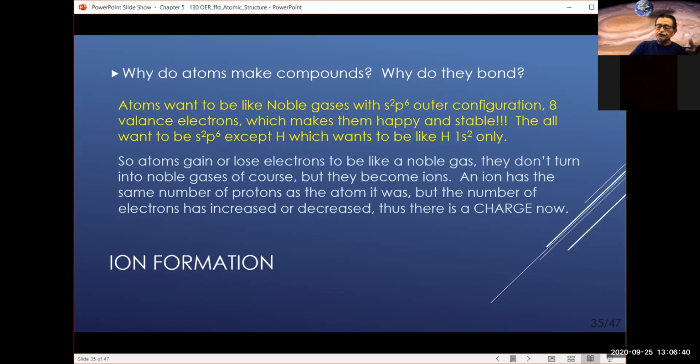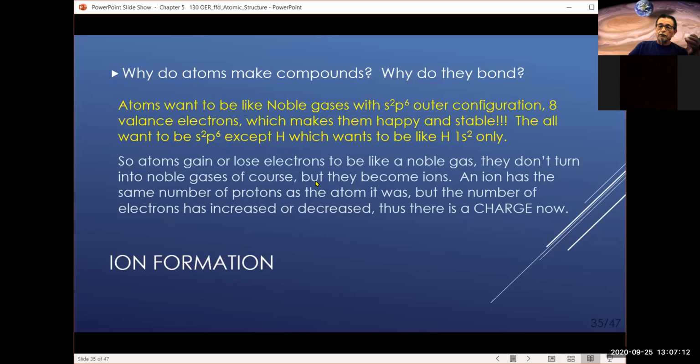Now, there is a magnitude to that charge, and that's dependent on how many electrons are lost or gained. If you lose one electron, you have a +1 charge. If you lose two, you got a +2. And obviously, if you lose three, you get a +3 charge. The converse of that is if you gain 3, you got a -3, or gain 2, -2, or gain 1, -1 charge, okay?